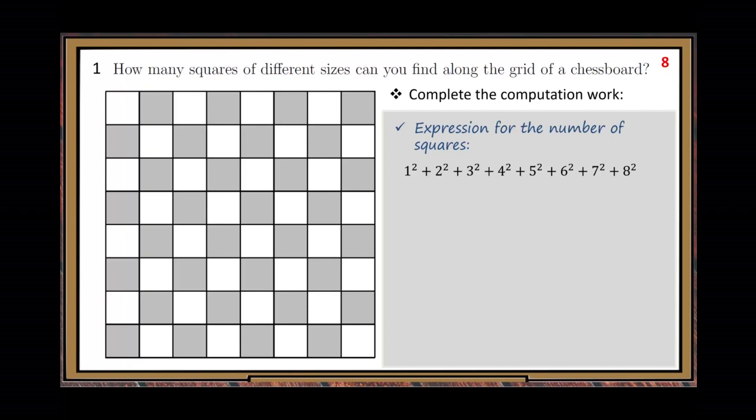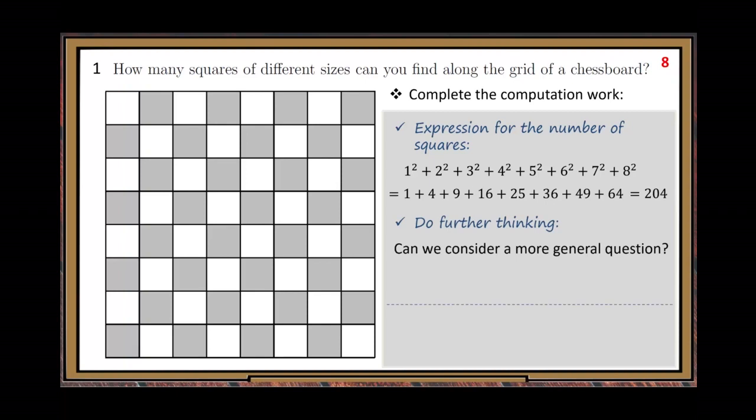Now we add up all these 8 numbers, 8 consecutive square numbers, 1 squared plus 2 squared, and so on, until 8 squared. So the answer is 204.